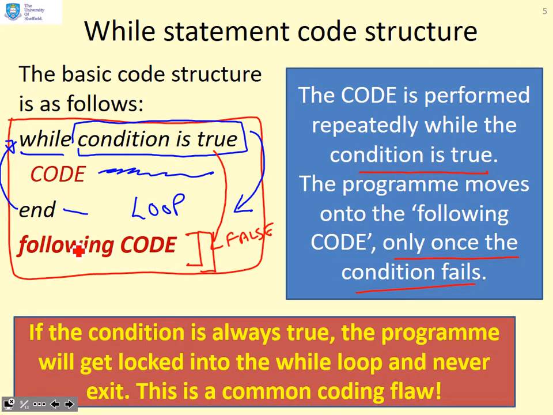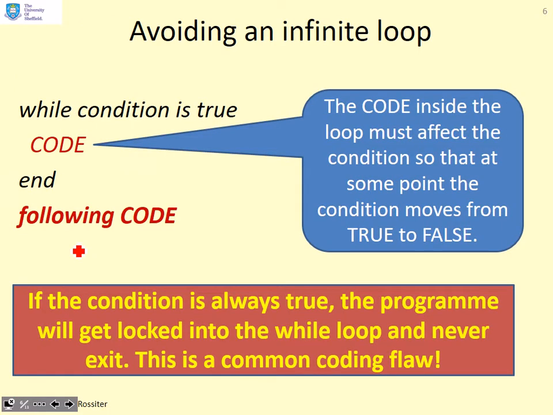Now here's a warning. If the condition is always true, the program will get locked into this while loop and it will keep going round and round and round and it will never exit. And this is what you would call a coding flaw, and the programmer has to make sure this cannot happen. So how do we avoid an infinite loop? In essence, the code which you've got between the while and the end statement must impact on the condition.